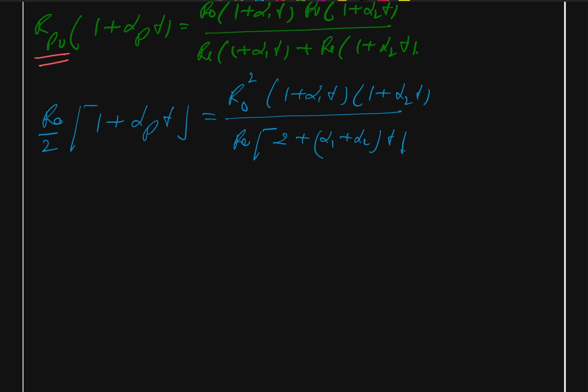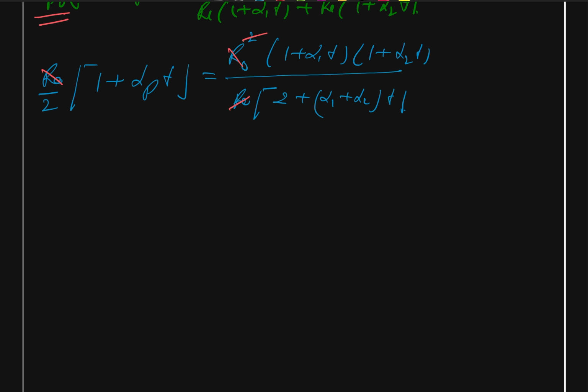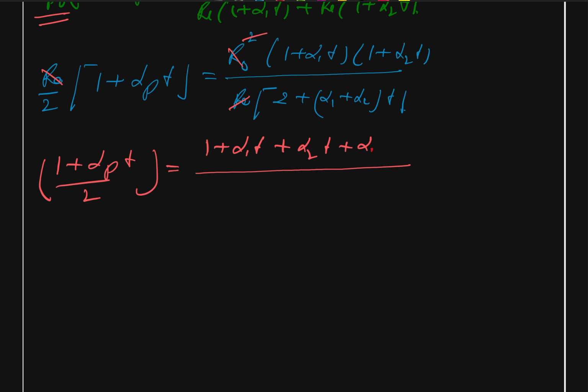This R naught goes with the square and we are left with only (1 plus alpha p T) divided by 2 is equal to, and we open the numerator, so we get 1 plus alpha 1 T plus alpha 2 T plus alpha 1 alpha 2 T squared, and in the denominator it will be 2 plus (alpha 1 plus alpha 2) times T.